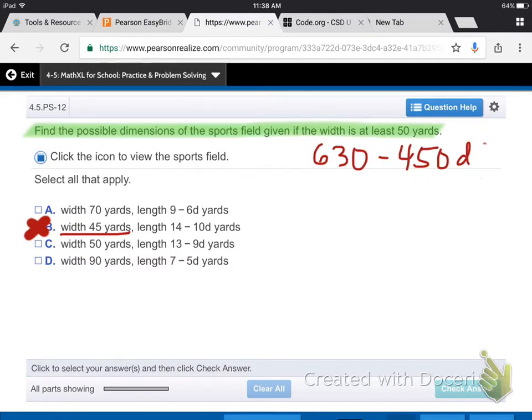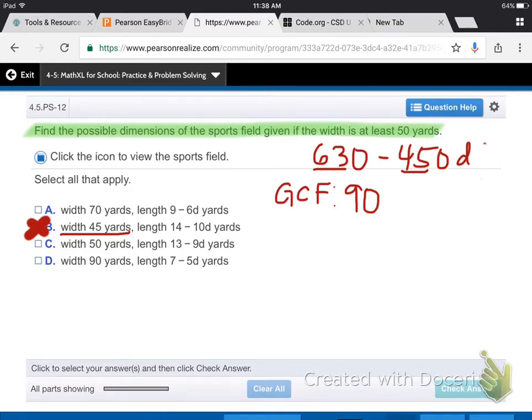Okay, boys and girls, here's the way to think about it. Let's look at our numbers 63 and 45. What number can go into those two numbers? That's 9. So the GCF will be 9, but then we can also add a 0 because they both end in 0. So 90 can go into 630 and 450. So 90 is our GCF.